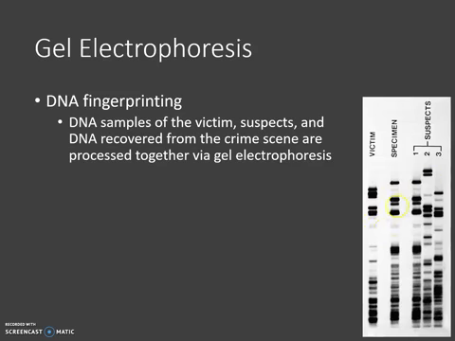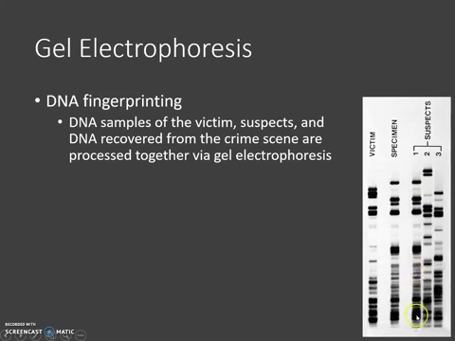And then if we had three potential suspects, so maybe it's the victim's ex-boyfriend or some random guy on the street, who knows. But wherever the suspects come from, they can collect DNA from them, run it through the same gel electrophoresis process, and you can see that there's a pretty clear match between the specimen found at the scene of the crime and suspect number one.